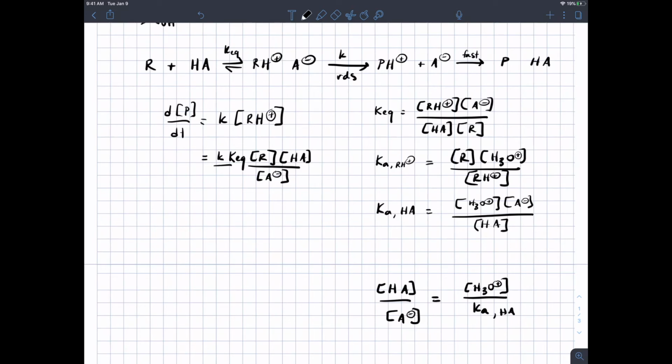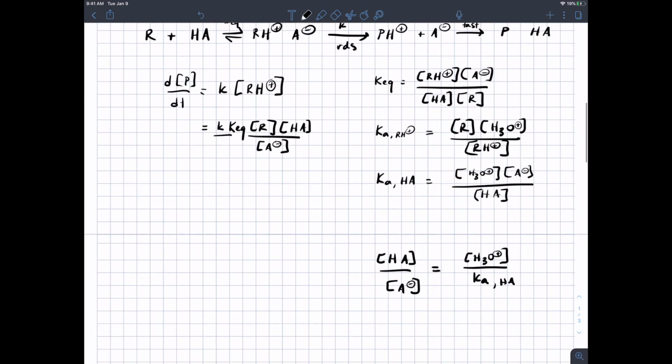So now I can alter my rate law by substituting in this equality based on our definition for Ka. So that's going to look like this. We keep the R, but then we swap out the HA over A minus to be H3O+ over Ka of our acid.